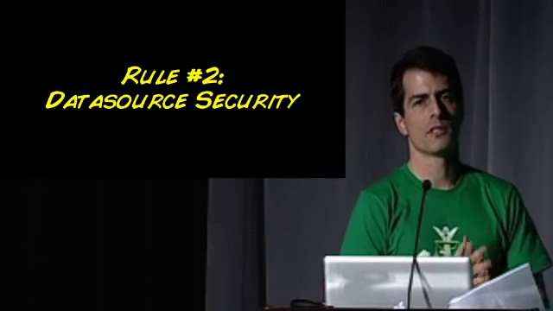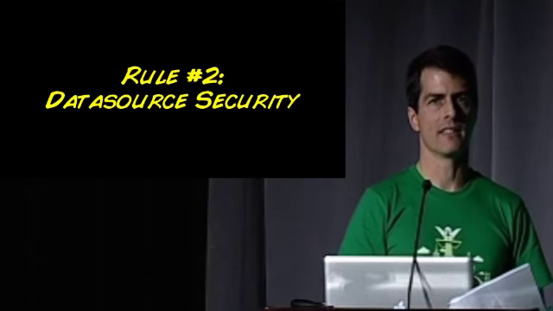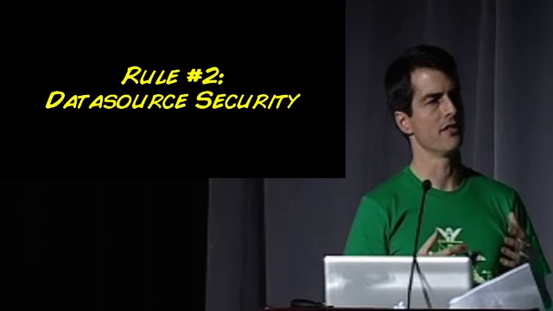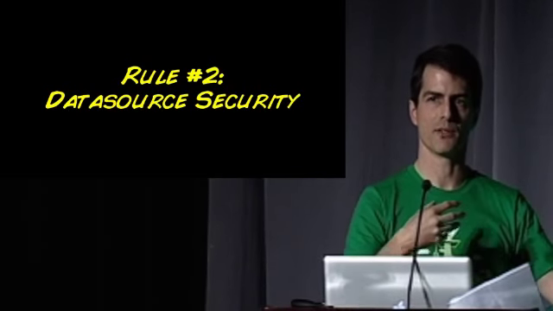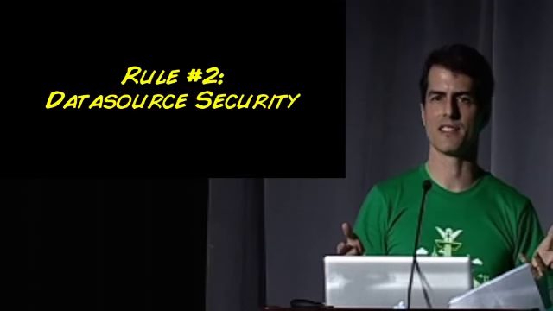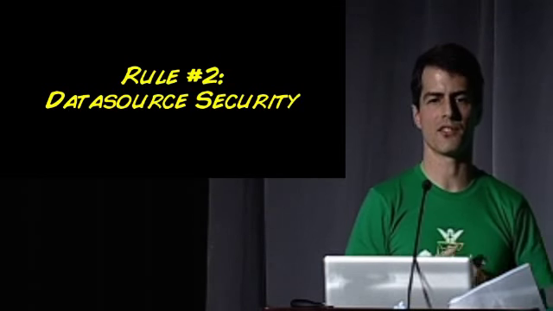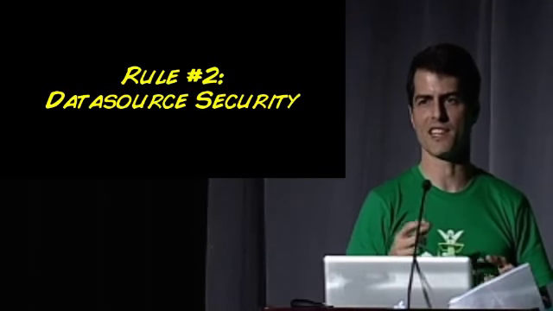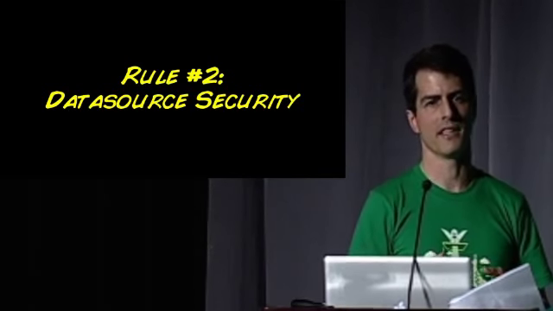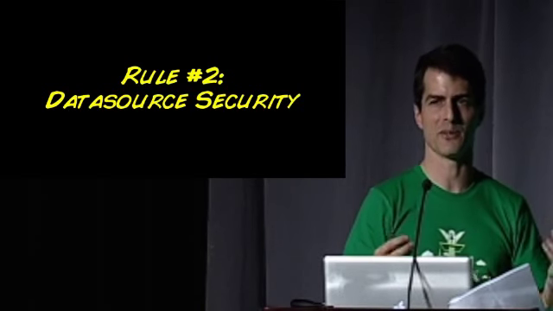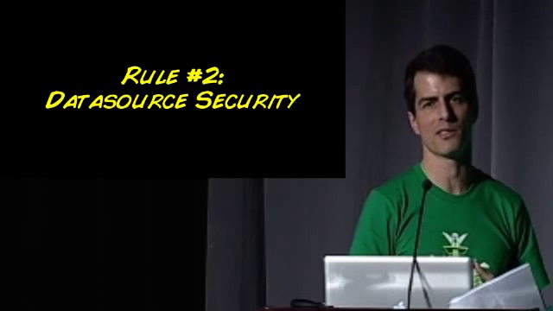The second rule is about the data sources, and it concerns the JDBC data sources that you create to connect Confluence to another database. Now, the principle of least privileges says that users in your organization should have the least amount of privileges that they need in order to do their job. And in those JDBC connections, you need to specify credentials to connect as. So that user should have the minimum set of credentials required to do their job.